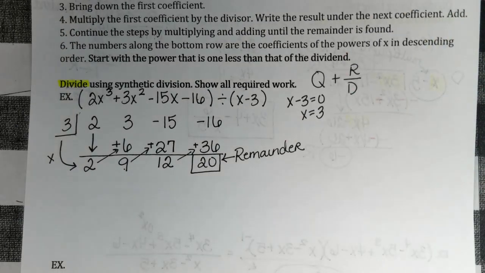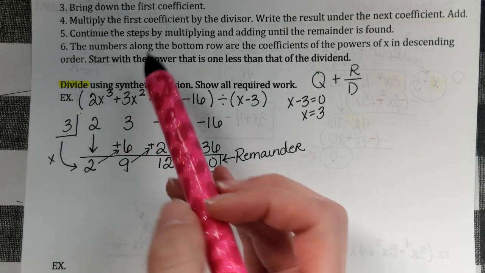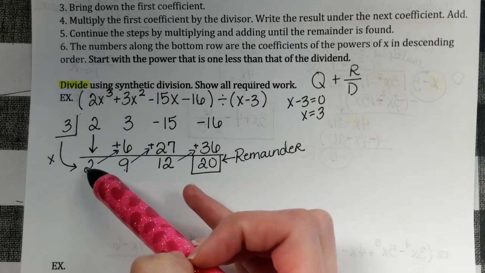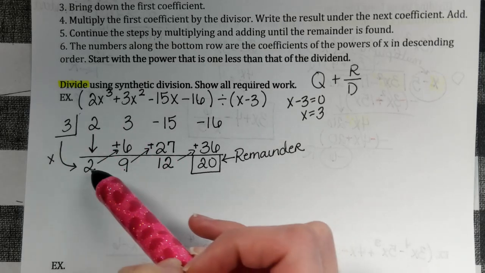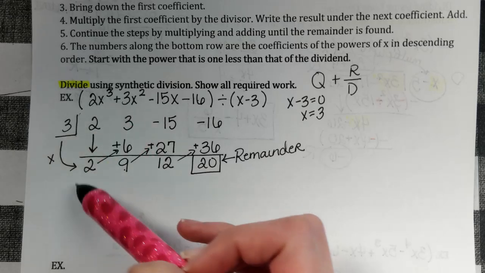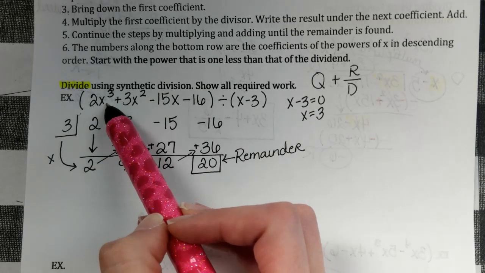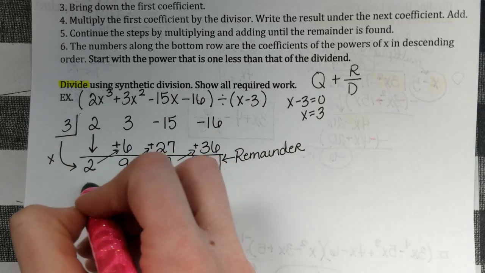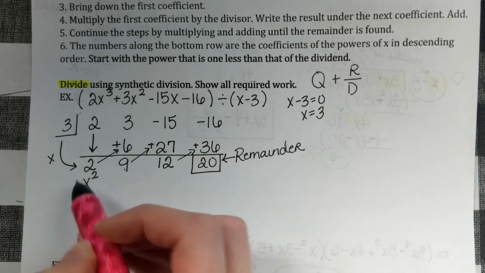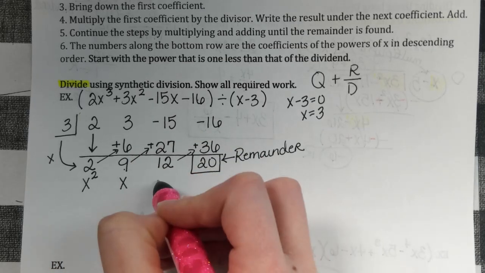Okay? So what does the 2, 9, and 12 give me? Well, when you do your round of synthetic division, this is considered one round. You take your original degree and decrease it by 1. So if I started with x cubed, now it's going to be x squared. So the 2 is the coefficient of x squared, 9 is the coefficient of x, and 12 is your constant.